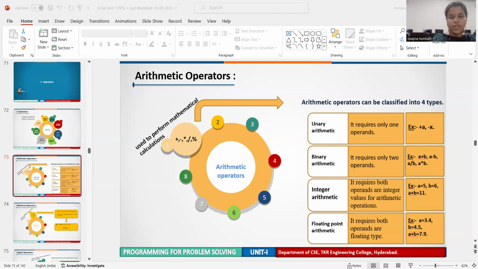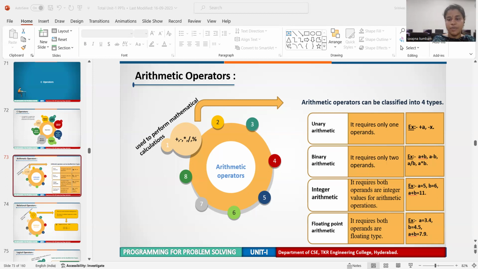If the two operands are floating point numbers, then we call it a floating arithmetic operator. So this is about the arithmetic operators we have.